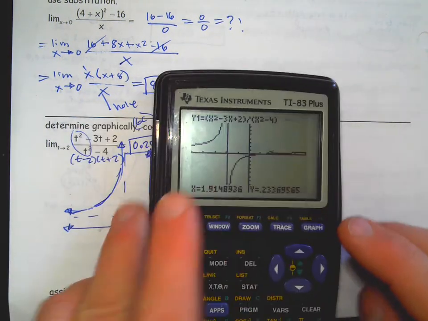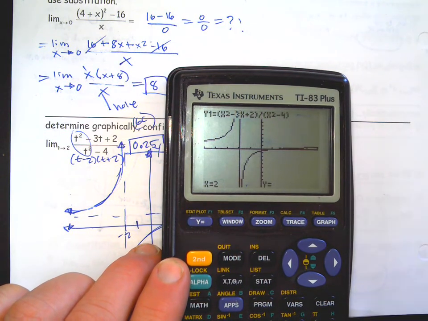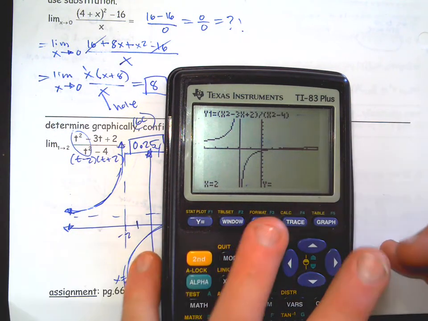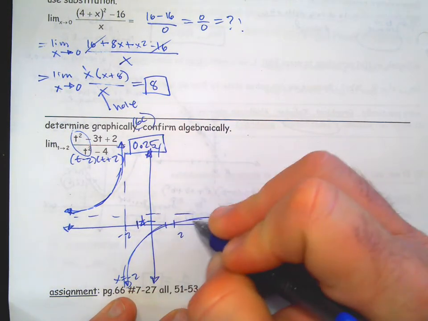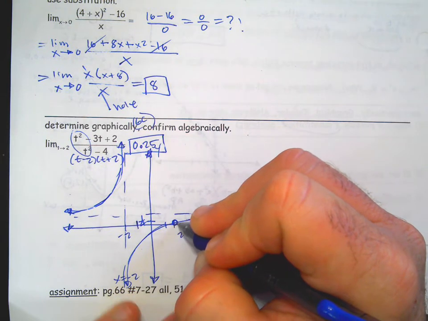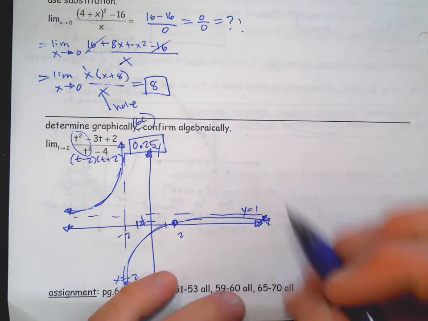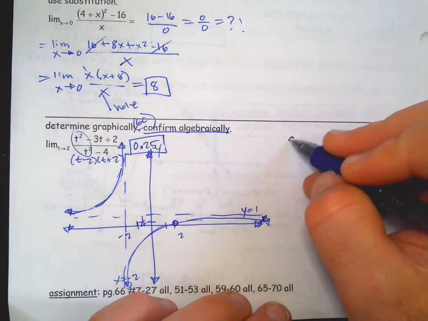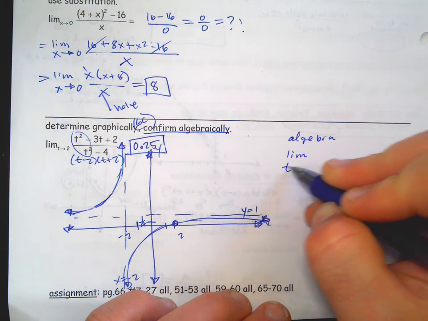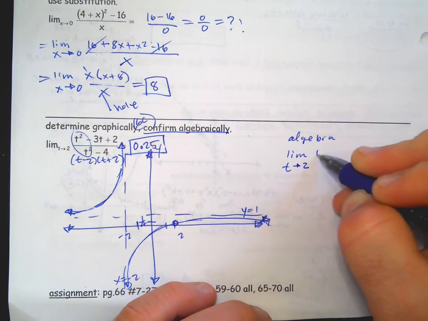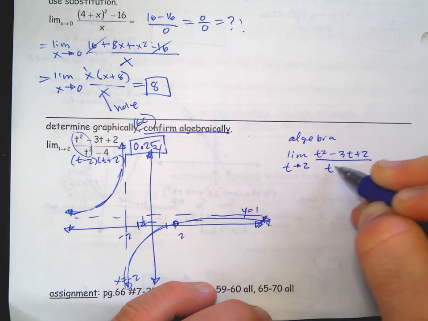But let's do some calc value and plug in 2, and it's giving us the blank thing. So that must mean there's like a hole or something in the graph. So that's graphically. Now confirming it algebraically is the way I was showing you before. So if we take the limit as t goes to 2 of t squared minus 3t plus 2 over t squared minus 4.